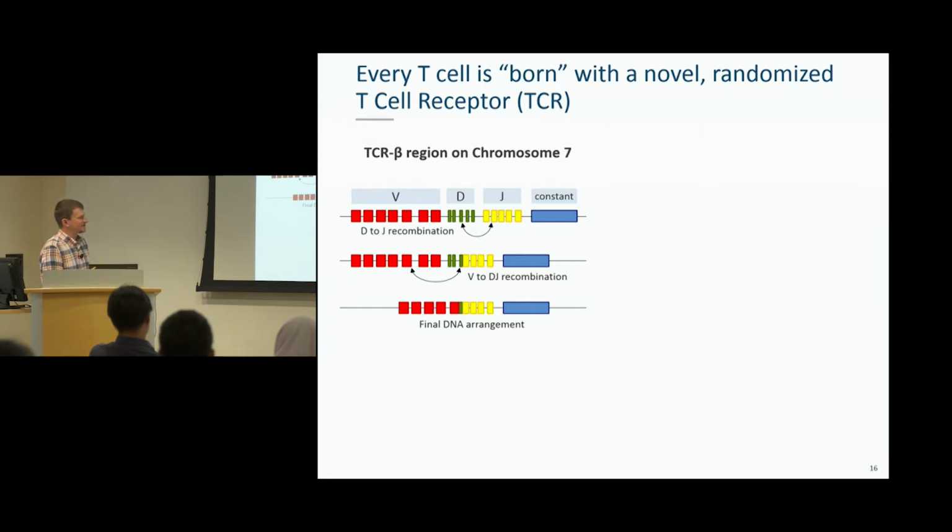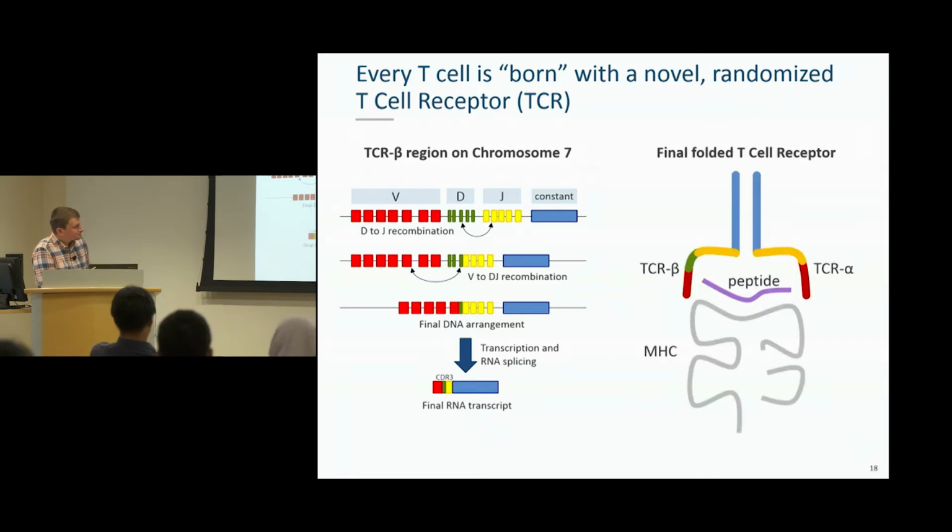This highly random region, we call CDR3, because it's the complementarity determining region. And when this is transcribed to RNA, we also have this constant domain, which is kind of the main stem structure of the TCR, brought together for the final transcript.